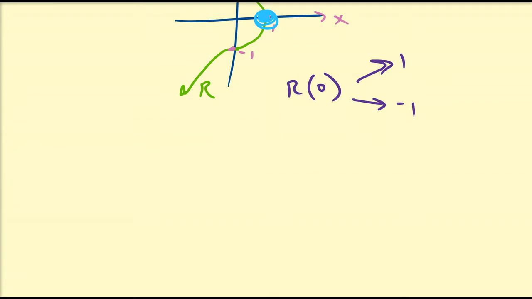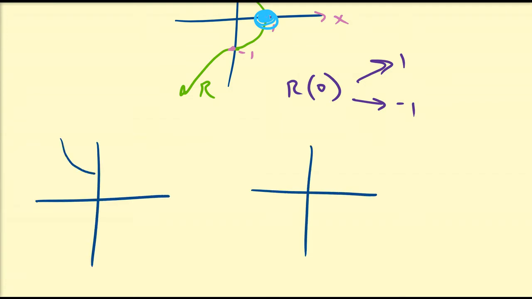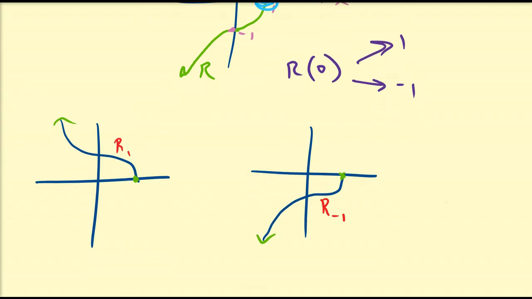So we can consider two relations, this piece and this piece. So I can call this, say, R1, and I can also call this, say, R minus 1, right? Two different relations, right?